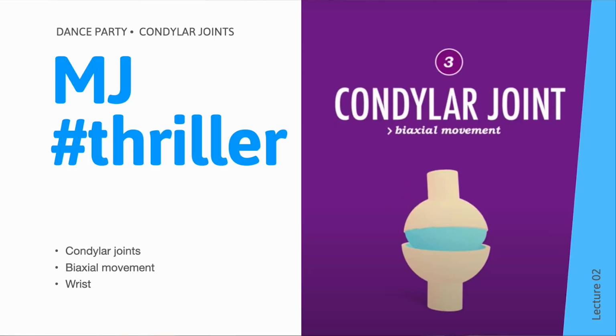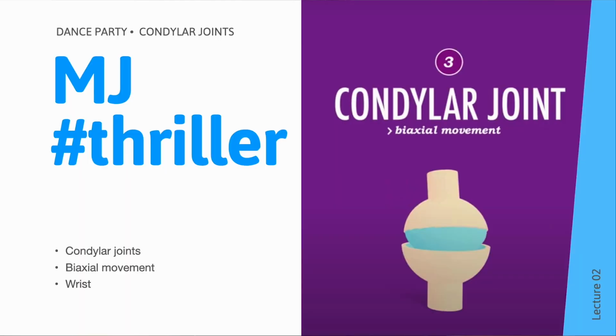Next one would be the condylar joint, and that is also in the wrist. Michael Jackson's Thriller, they have their hands like this, and then I do this, and that would be the condylar joint. So it's like this picture shows half a cup and a socket, a bowl, and that can move in it quite more or less freely.